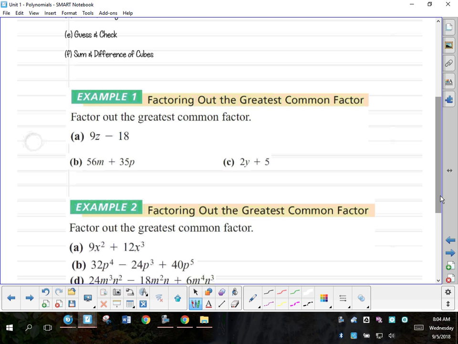Example 1, choice A, what do we think? Let's see if we can get 3 or 4 of us. We'll wait for 4. We got 1 person, 2, 3, 4.